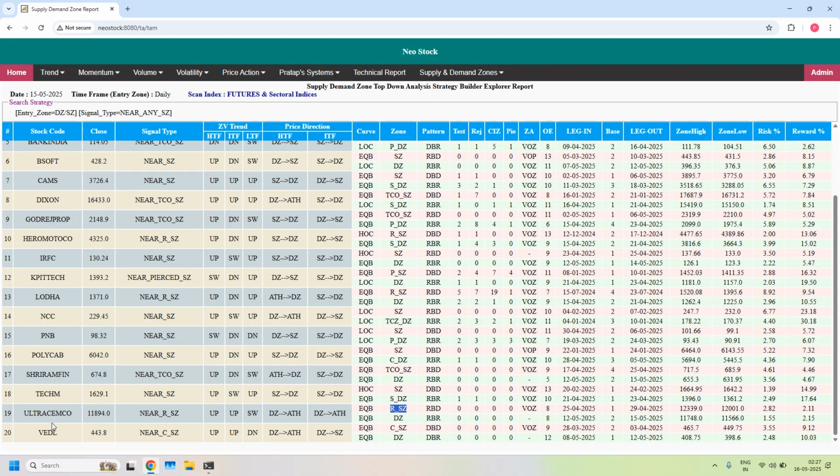Next one is Ultra Cement. This is also daily high liquidity supply zone. And VEDL is also a daily high liquidity supply zone. So total 4 daily high liquidity supply zones we identified from this list.